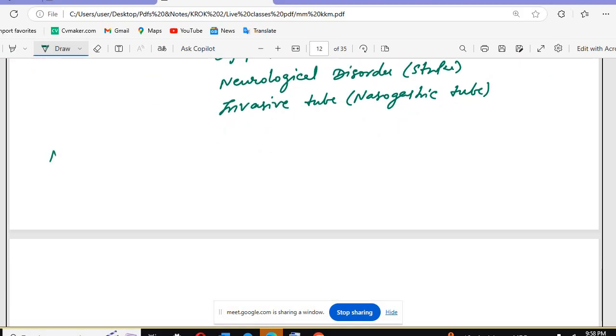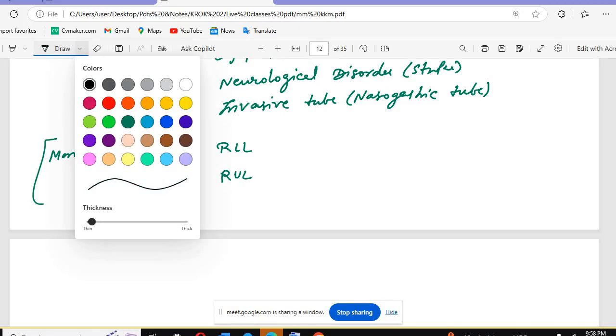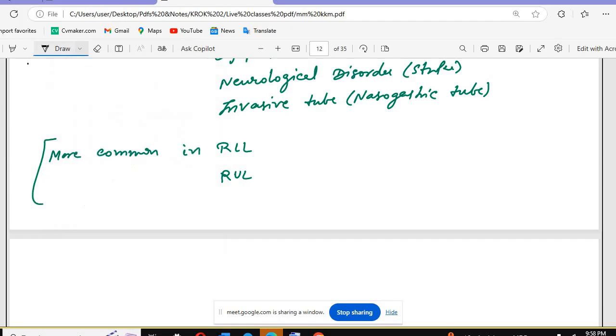Aspiration pneumonia is more common in the right lower lobe and the right upper lobe. On the right side we have more space, more dilated bronchi, you can say. It is more common in the right lower lobe when the patient is sitting up, because due to gravity it will go to the right lower lobe.